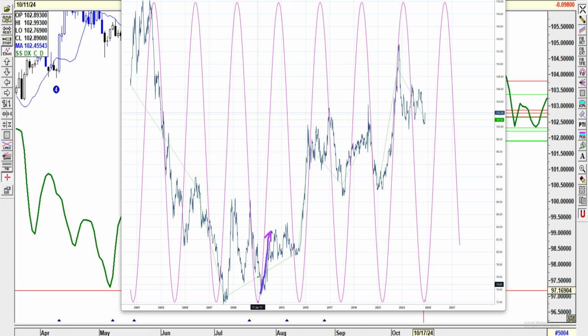And then you get this rally and then kind of sideways. And here it worked. So when this cycle hit a trough, this one worked and it was in sync. There was no head fake or a bull trap set up.